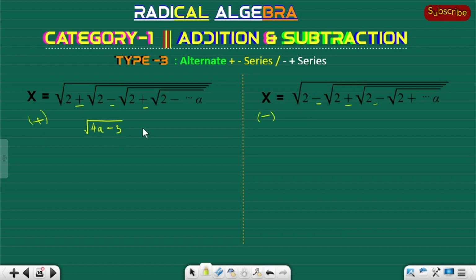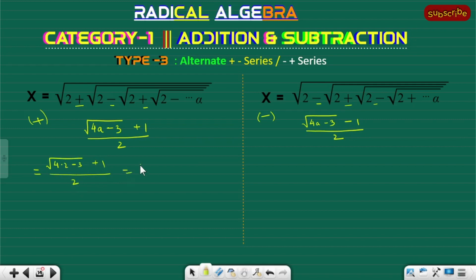4a minus 3 plus 1 by 2. Here it would be 4a minus 3, under root, minus 1 divided by 2. This is nothing but 4 into 2 minus 3, under root plus 1 divided by 2. 4 twos are 8, 8 minus 3 is 5, so root 5 plus 1 by 2 is the answer.